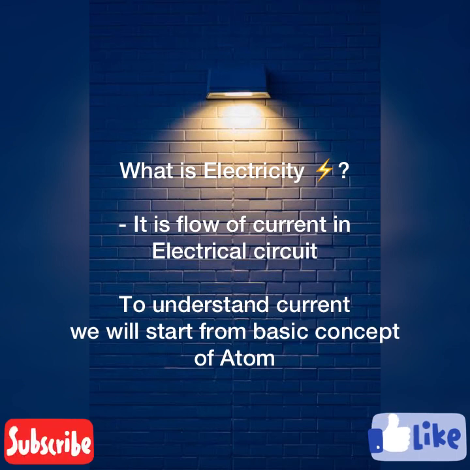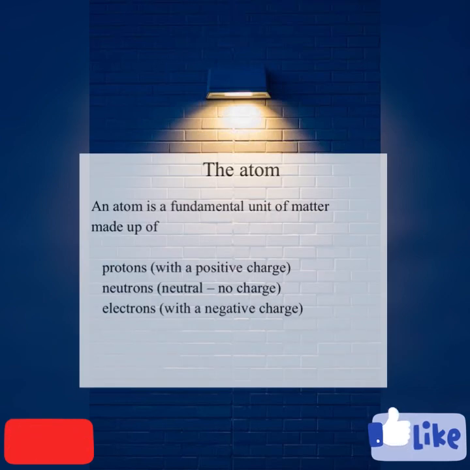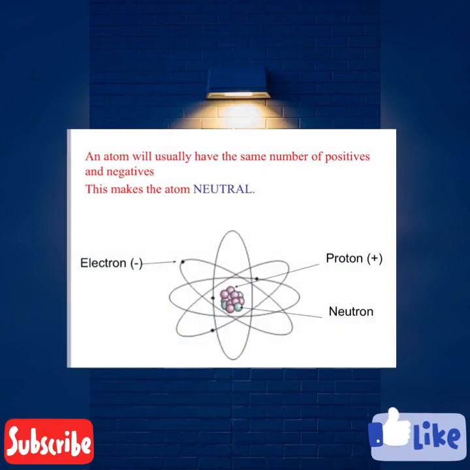To understand the concept of current, you know the fundamental unit of matter, that is nothing but the atom. Everyone is aware of that atom? Yes, you all are aware of that atom. Atom consists of a nucleus at the center. And what does the nucleus contain? Nucleus contains positively charged protons and neutral neutrons, and around that nucleus electrons are revolving.